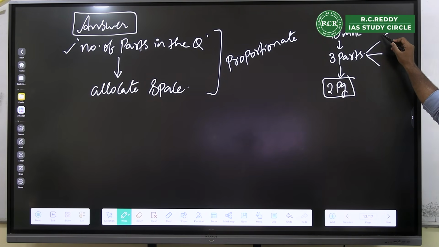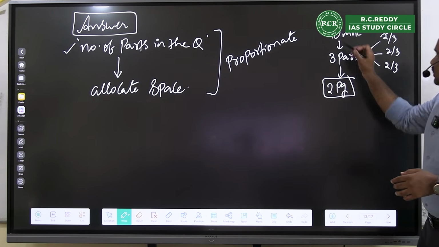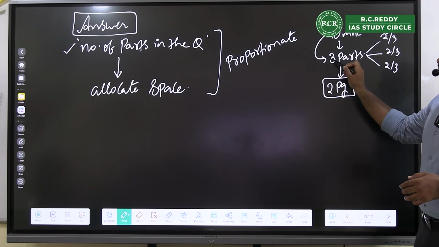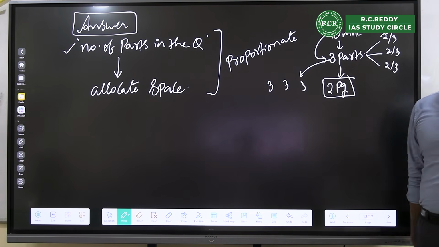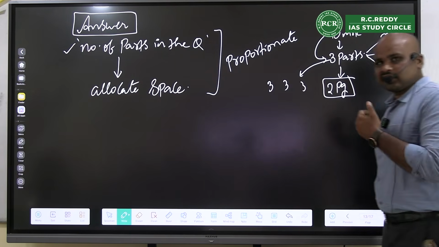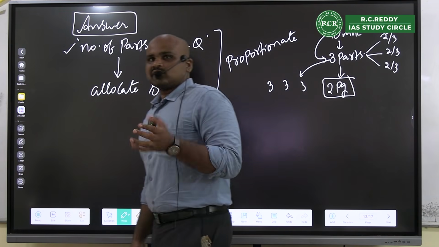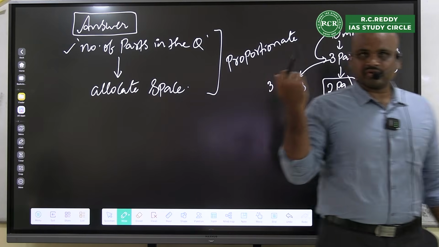I will have to allocate 2/3 of a page to the respective part. Now, why am I saying this? If it is a 10 marker having 3 parts, each part carries about 3 marks any given day. So this component cannot be neglected in any answer writing, but most of us neglect it because we don't pay attention to the number of parts.